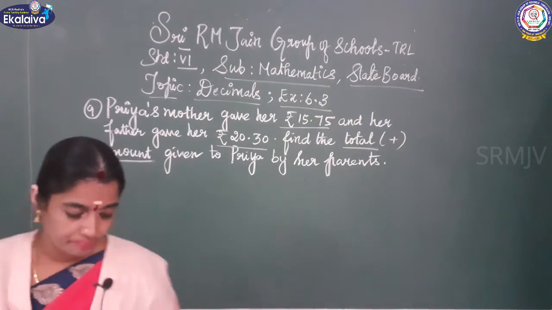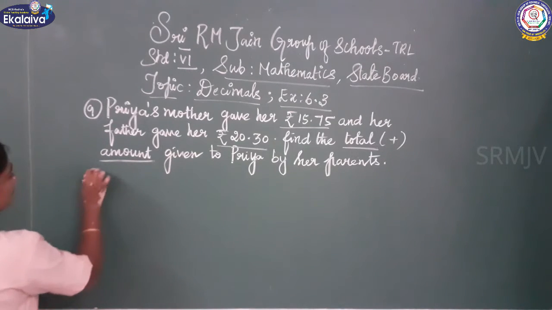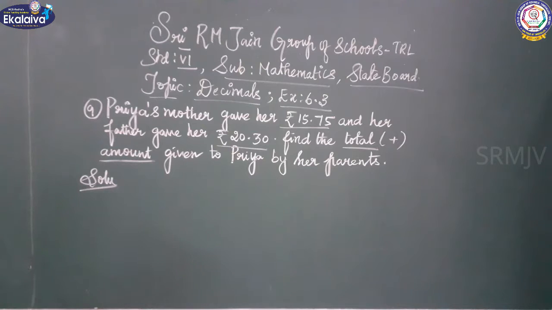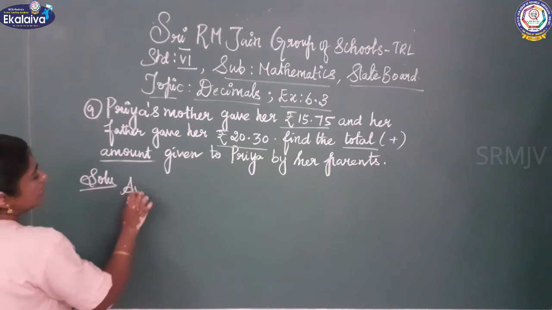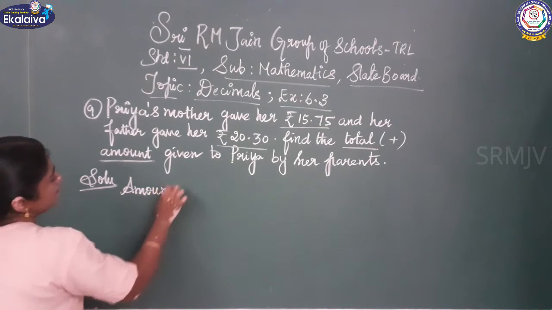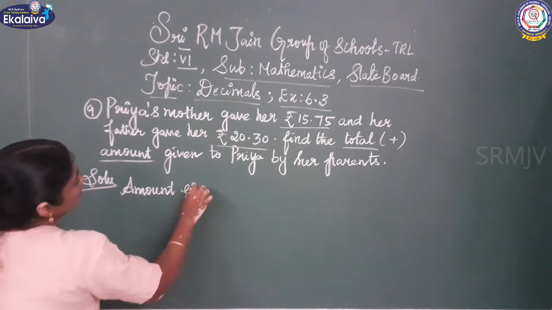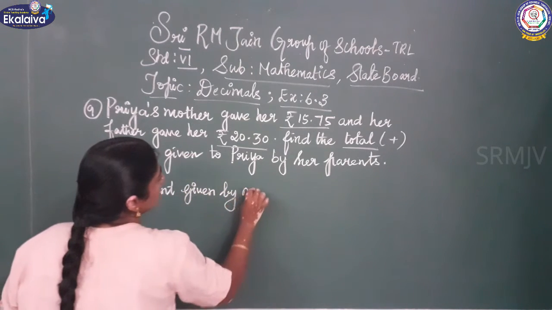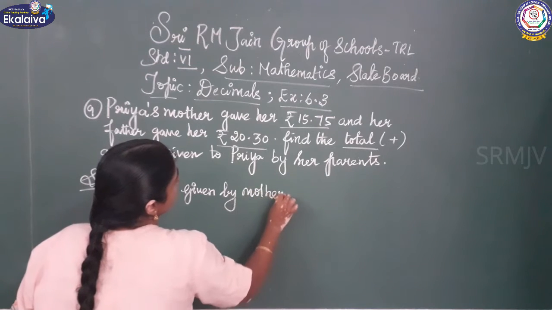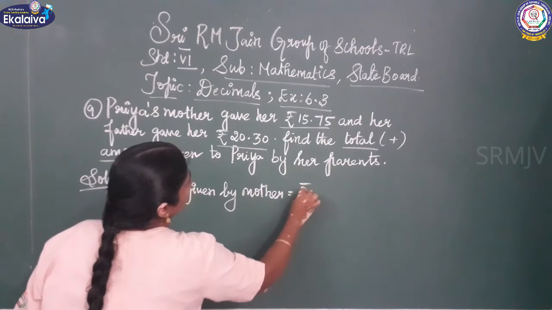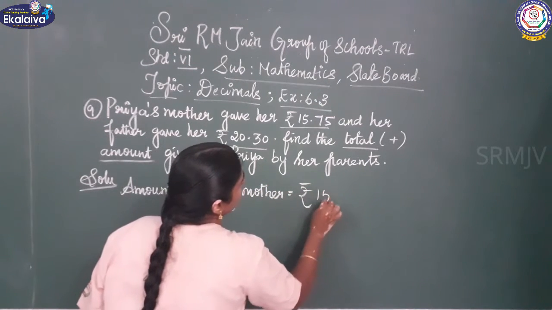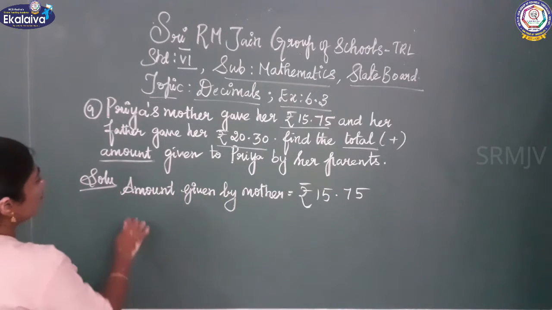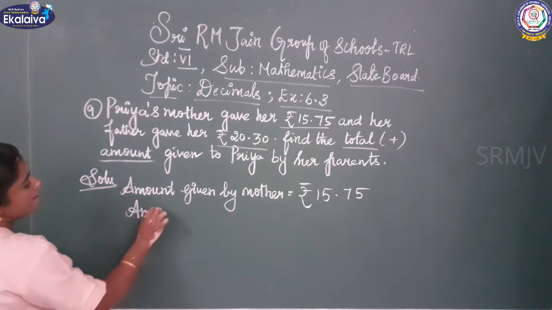Listen children. Amount given by mother. How much? 15 rupee 75 paise. The same thing, amount given by father.